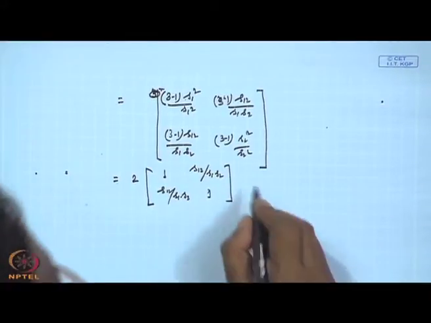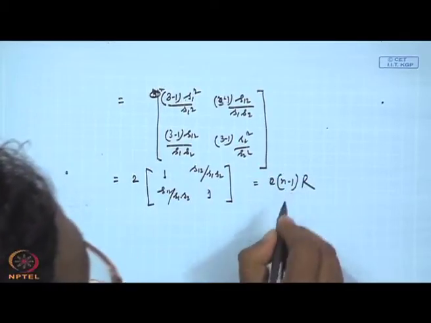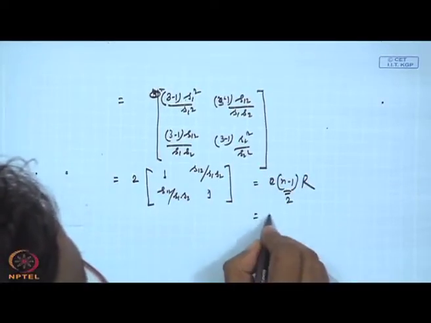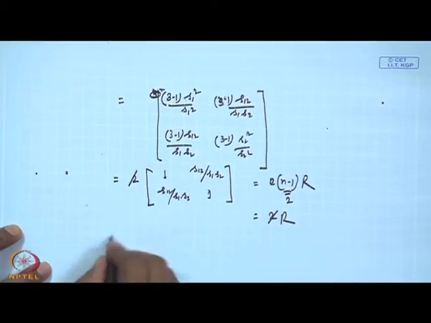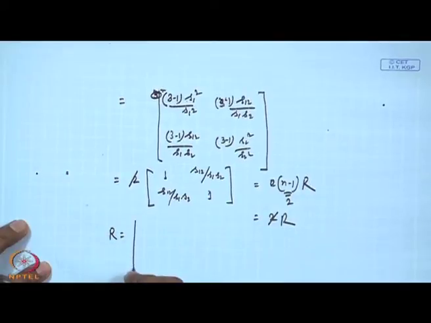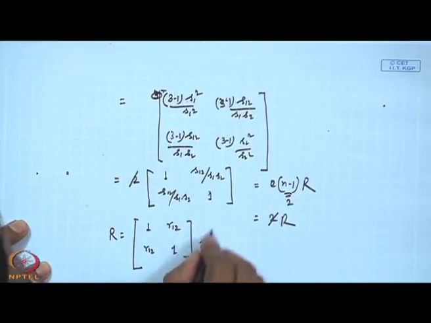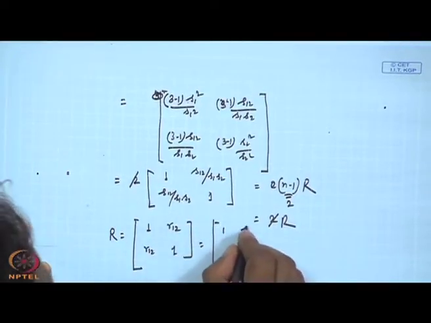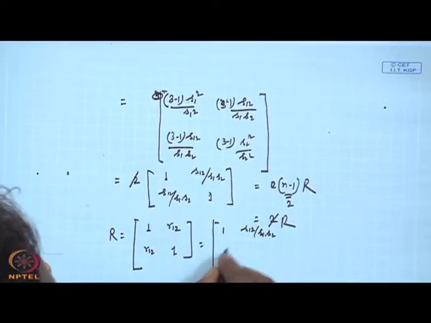As a result, this is (n minus 1) R, n minus 1 is 2, so this is 2R. Now the 2 cancels out, so R is now 1, r12, r12, 1, which is 1, S12 by S1 into S2, then S12 by S1 into S2, and 1.